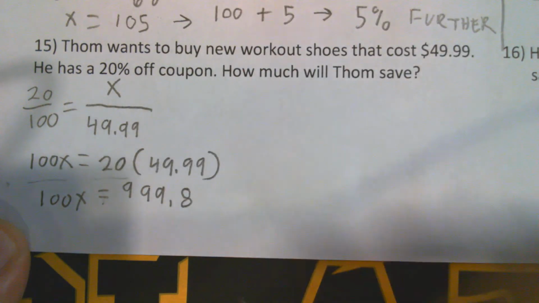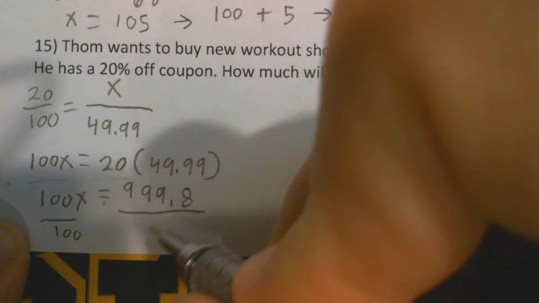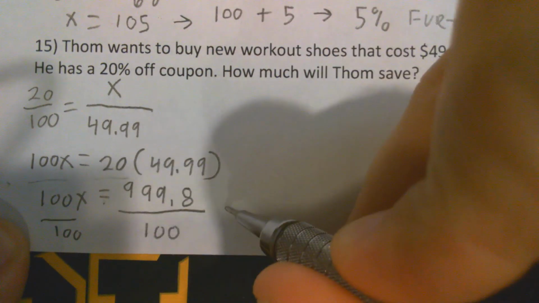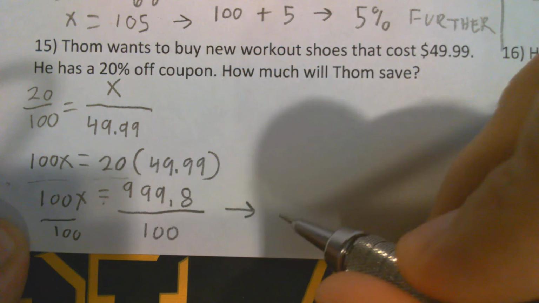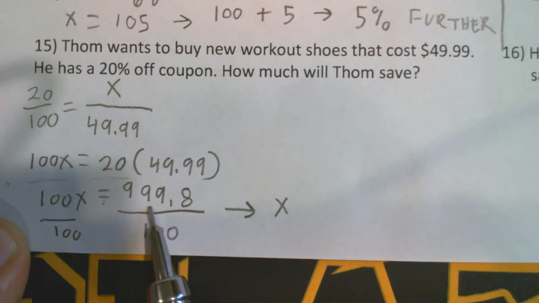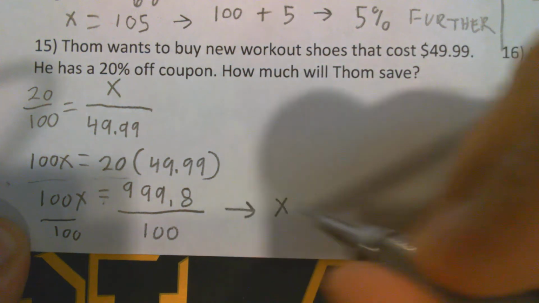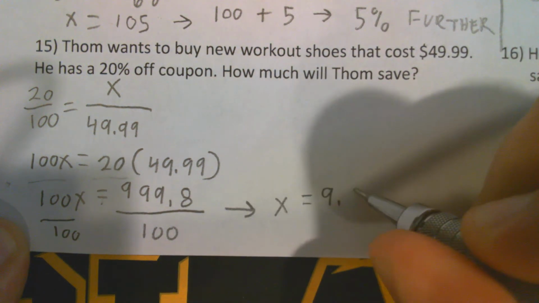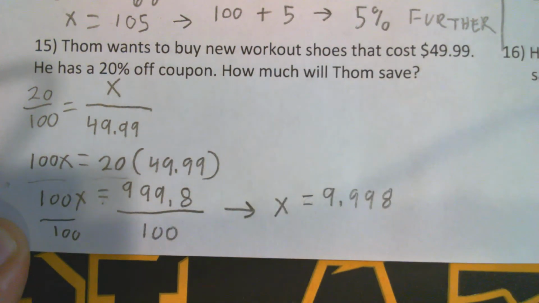Now we divide by 100. Move our decimal spot 2 times to the left. We get 9.998.